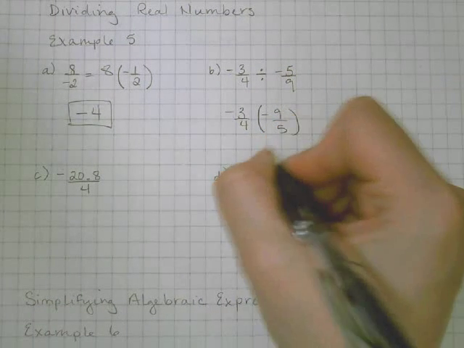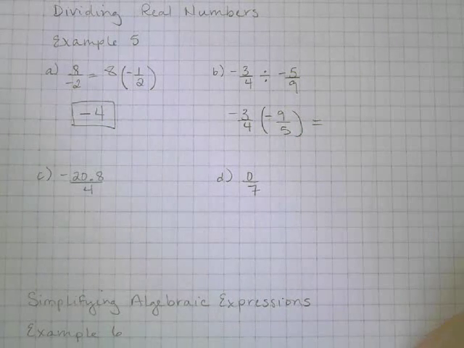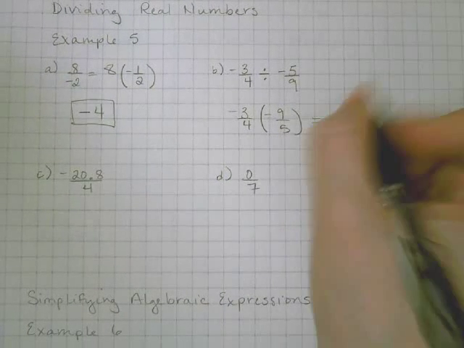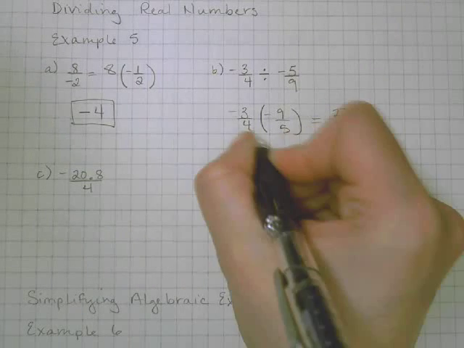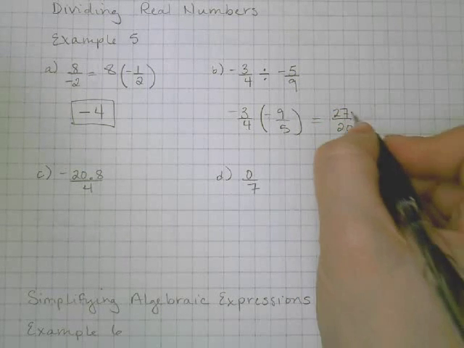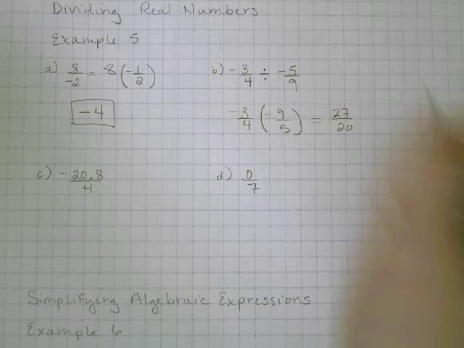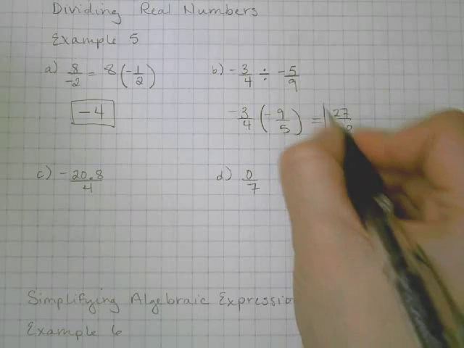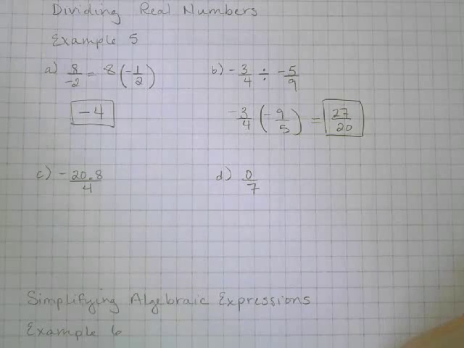And I'm going to run out of room going down, so I'm going to go sideways here. 3 times 9 is 27. 4 times 5 is 20. 27 and 20 do not have a common factor, so I can't reduce that at all. So this is my answer, 27 over 20, and I'm just going to leave it as a fraction.